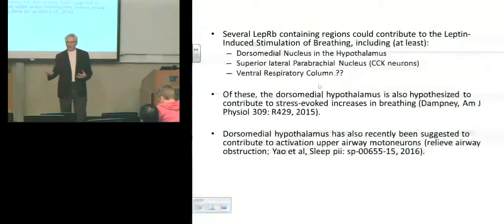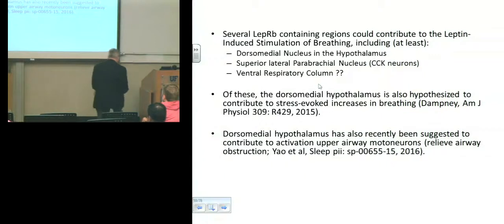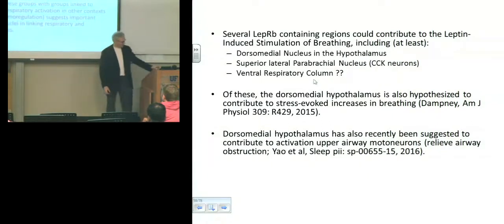Activating leptin receptors in any of these nuclei that are known to be involved in respiratory control at some level, and certainly involved in other aspects of metabolic regulation, and are also cells that are activated by various stressful situations, and we hope ultimately to test whether they're activated in exercise, but they seem to be involved in this regulation of breathing that could contribute to producing a proportional increase in metabolism and breathing. So I think I'll just leave it there. We won't bother walking through this.